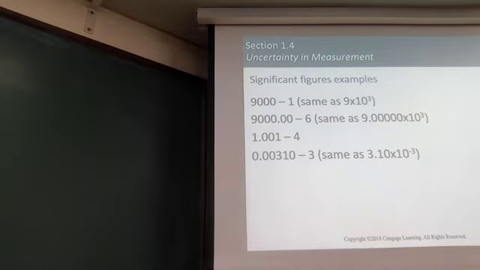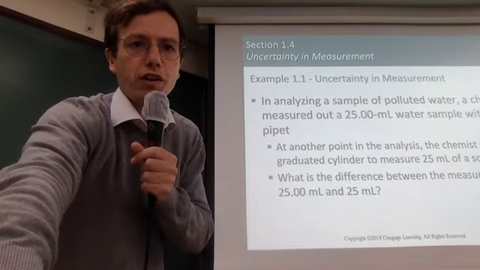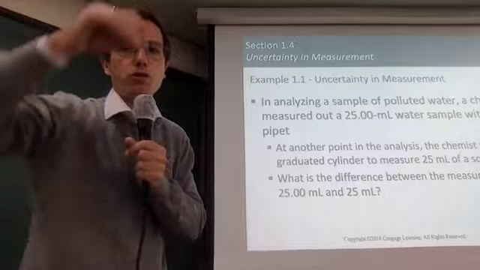So basically, if you always use this exponential notation, then you can immediately see the significant figures. Here is 1, here is 6, here is 3. If you just once figure out how to use these significant figures, then it will usually work out.